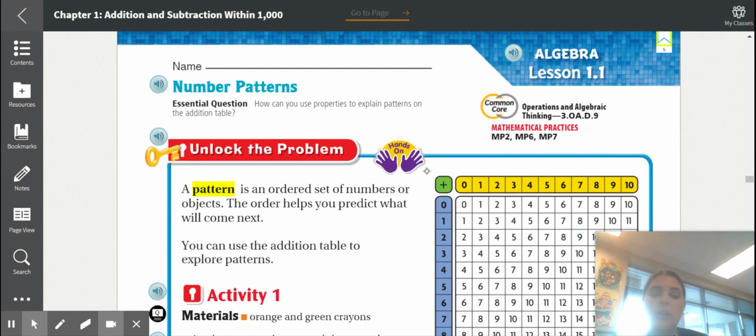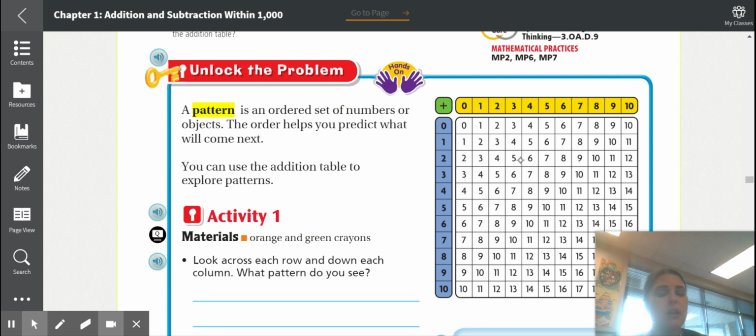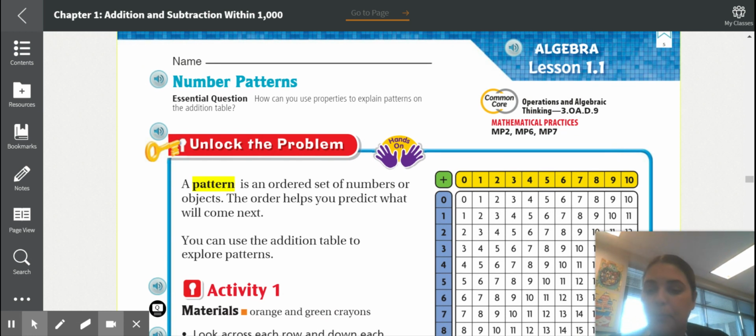All right. So we are on lesson 1.1, and lesson 1.1 is all about number patterns. We are going to skip a lot of these first problems here that are talking about the 100s chart, and that's okay. So let's just start here with the definition of a pattern.